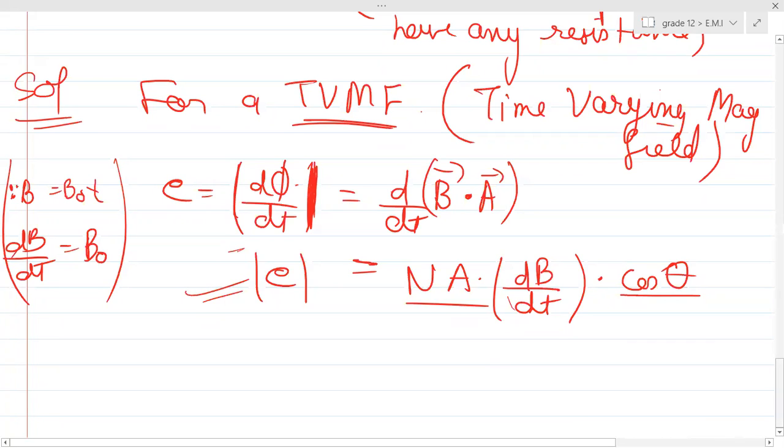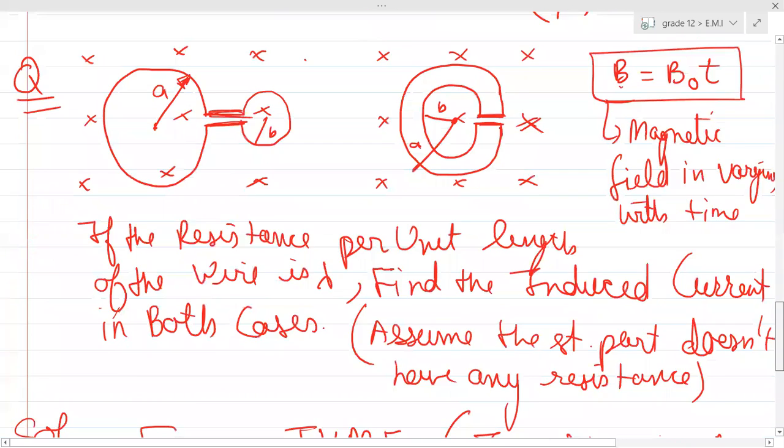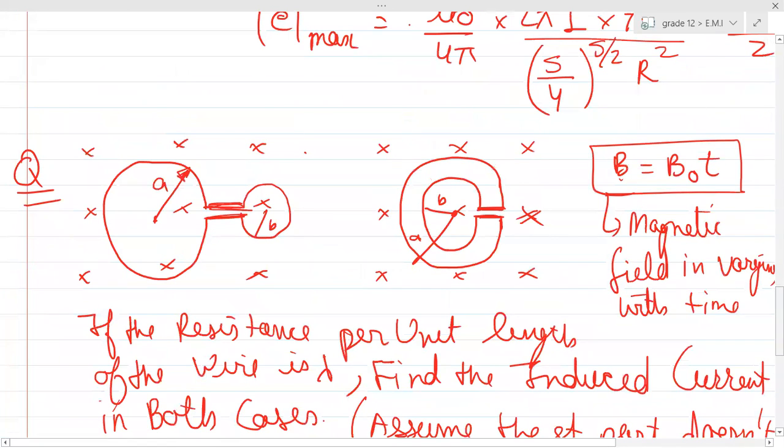Can you just give me the direction? Will you be able to give me the direction of induced current in both the cases?